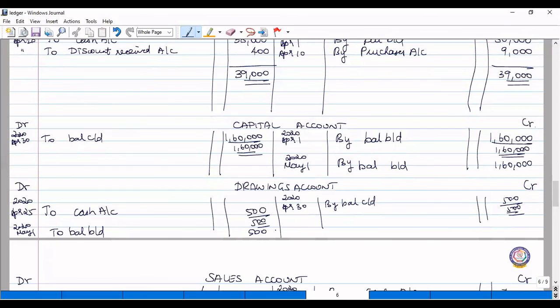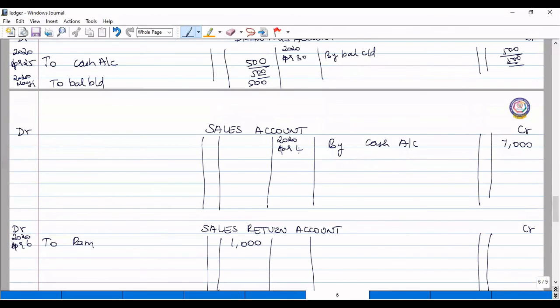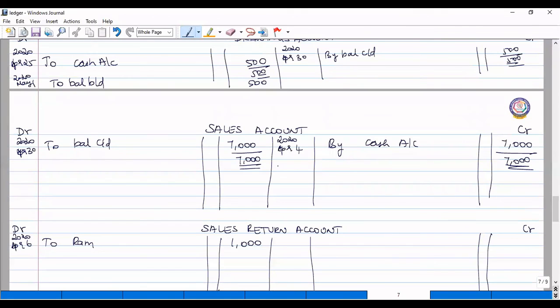Next is sales account. We have made sales of 7,000. So month end on April 30th, we'll have balance carried down as 7,000. And on May 1st, the opening balance for sales account will be 7,000.